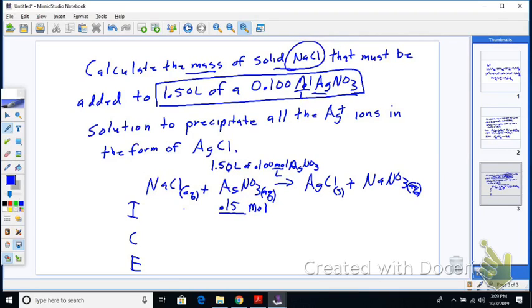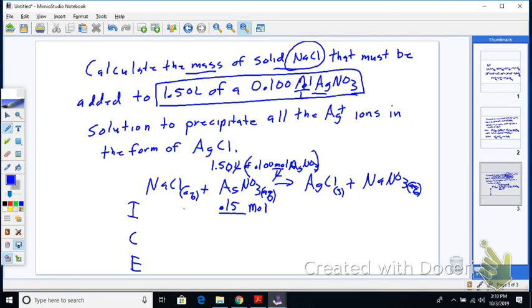Well, I have it set up right here. 1.5 liters, and then you just multiply that by 0.1 moles over liters. Liters cancel out, and you'll end up with moles. You'll be doing a lot of this, finding the moles of something from its volume and its concentration. So we got 0.15 moles of that.